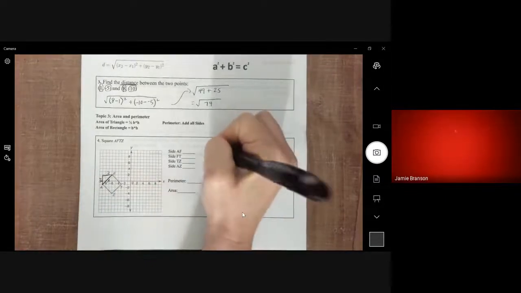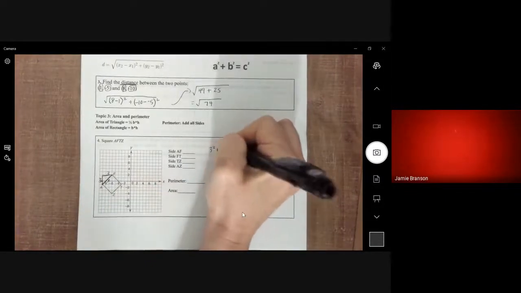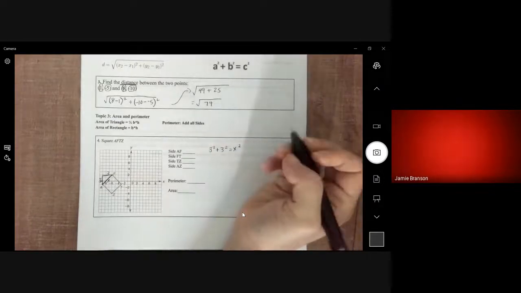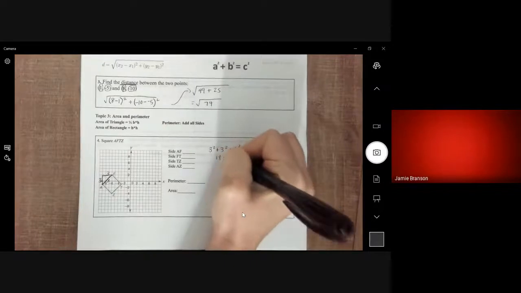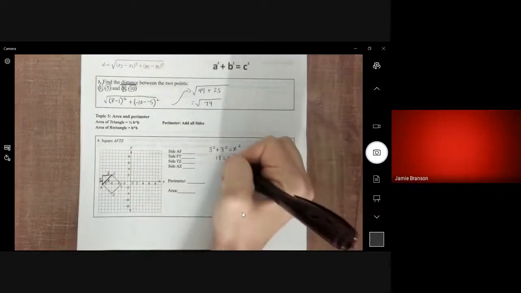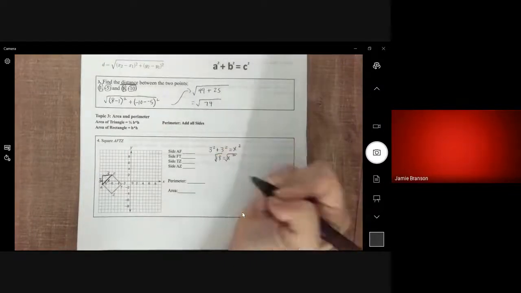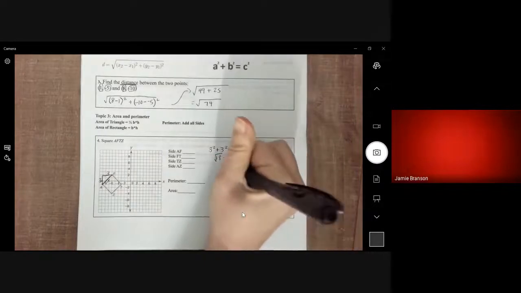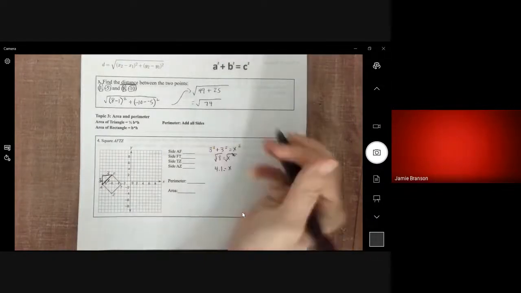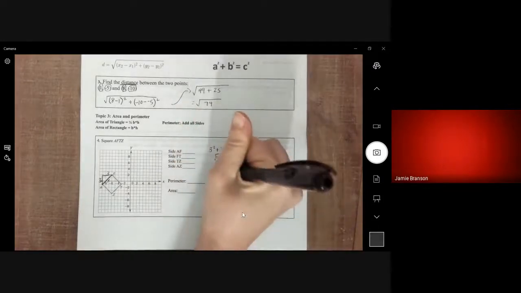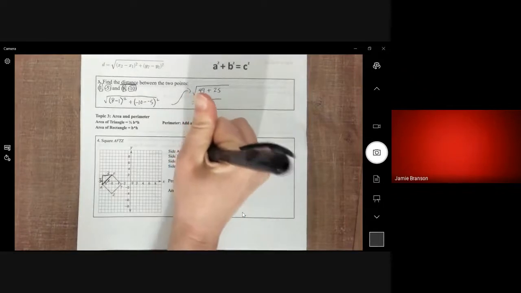So we do 3 squared plus 3 squared equals x squared. Okay, so 9 plus 9 is 18. And then we need to do square root of 18, which is, let's see, about 4.1. I think it's 4.2. Okay, so we'll use that as our side length.